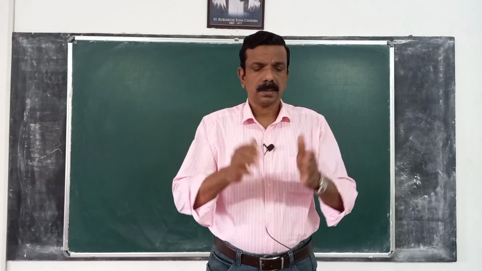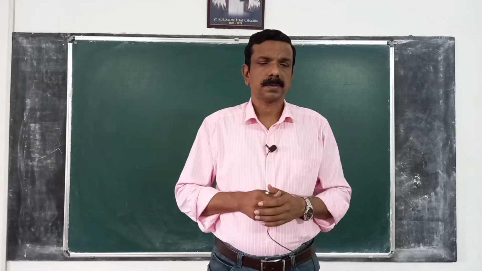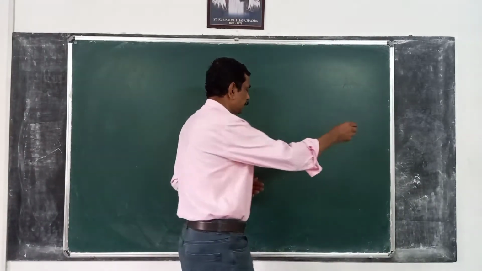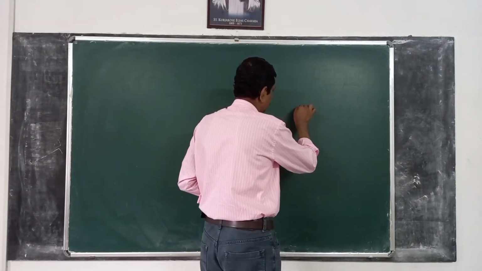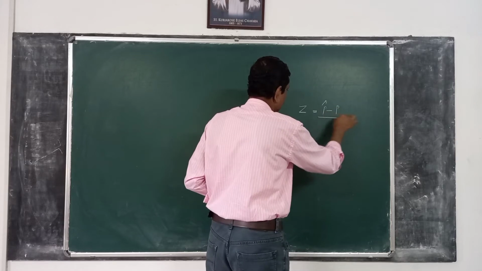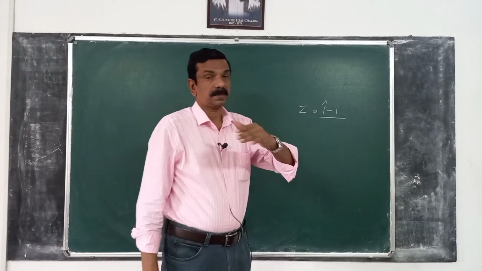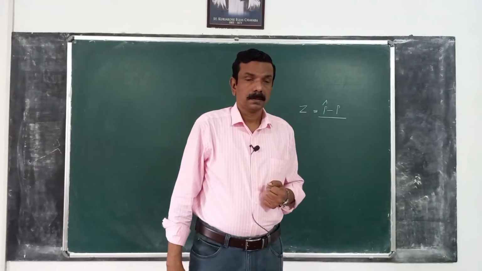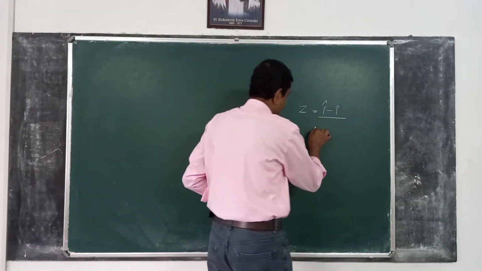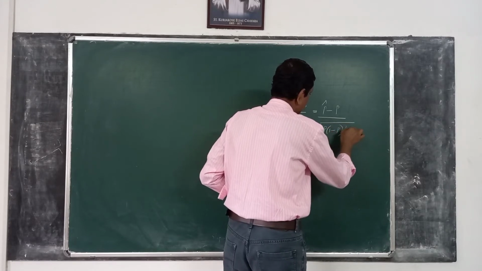As we have discussed earlier, for a large sample size, the standardized version of p hat is Z equal to p hat minus p, divided by the root of p into 1 minus p by n.